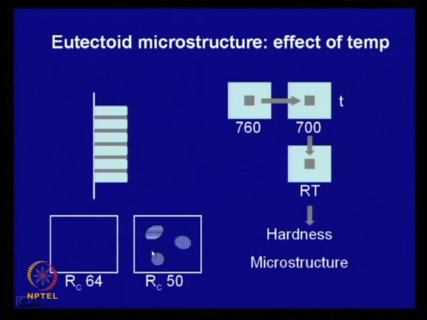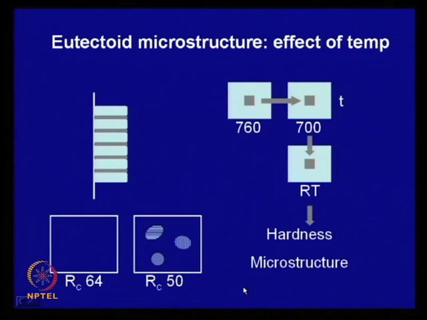As the amount of this pearlite increases, you will find that the hardness decreases. Here it is RC 50. You keep it for a little longer time, you will have more such nodules, and you will find its hardness is still less.